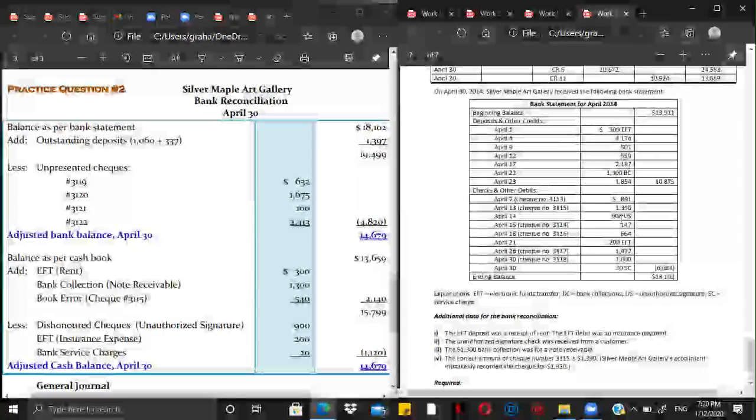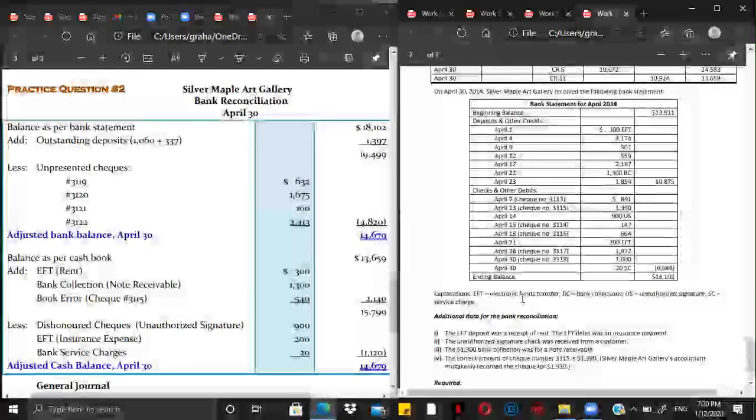So this $300 with EFT beside it was the electronic funds transfer that we got. That was the rent receipt that we got. Somebody basically transferred their rent money to us, and it's there in our bank statement.